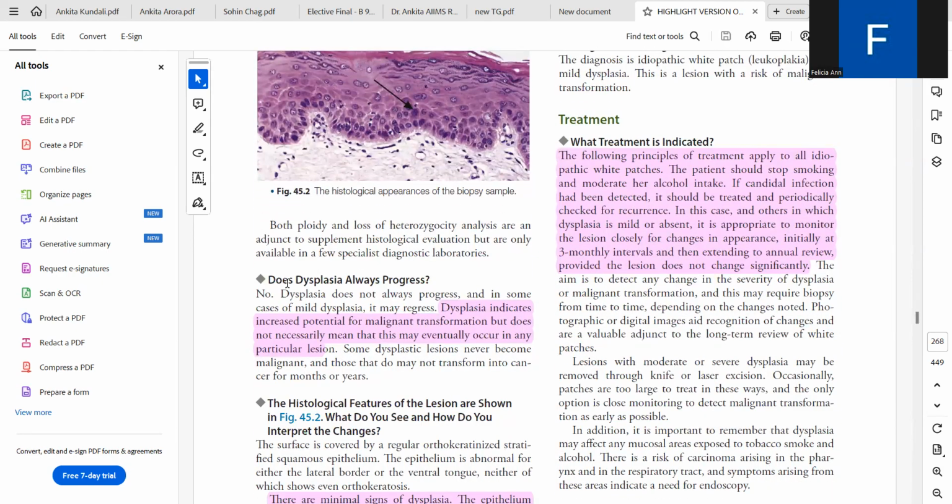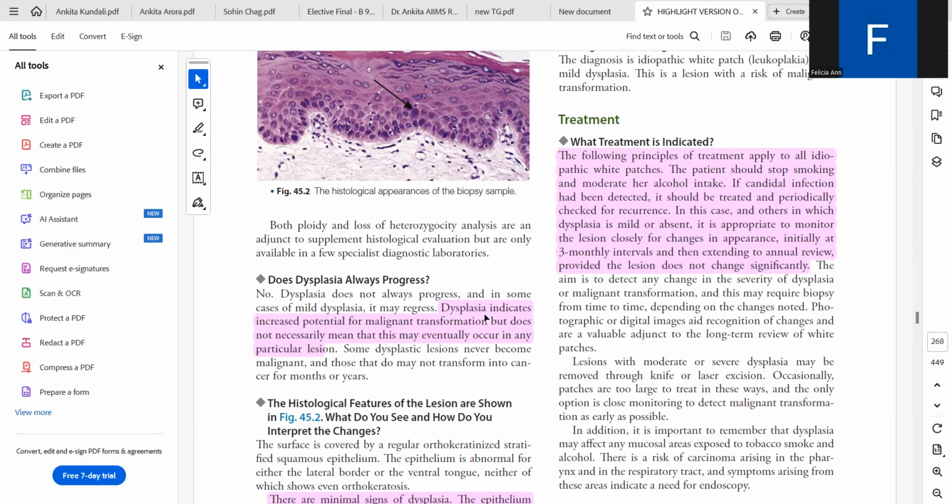Okay, when we have carcinoma in situ or dysplasia, does it always progress? So what is the difference between, it's just a prognosis kind of a diagnosis here. Dysplasia does not always progress, and in some cases of mild dysplasia, it may regress also, when it is the initial starting point of the aberrant cancerous activity or dysplastic activity.